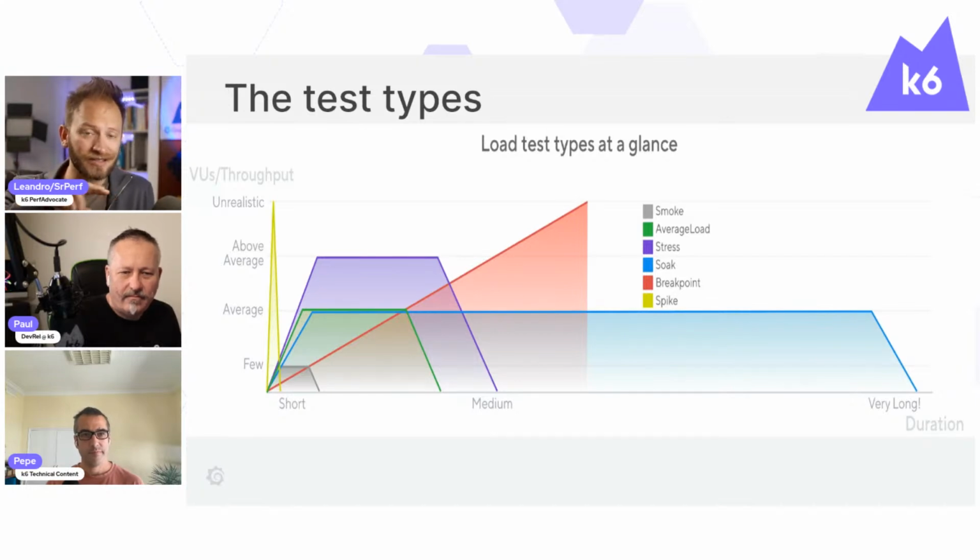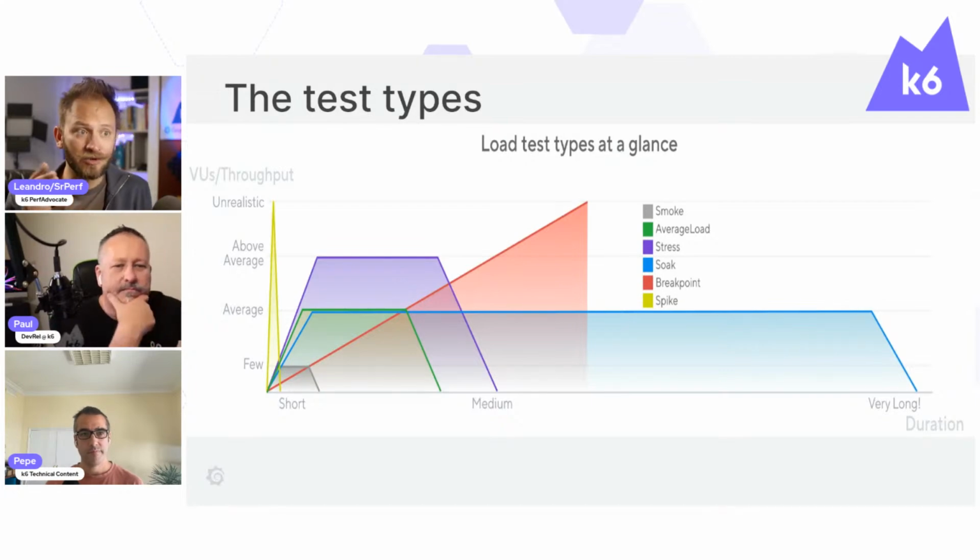That second element is variable. We can focus on how many virtual users, or the throughput, how many actions we want to put in the system. And mixing those two things, we can get all these different types that you see here in the graph.